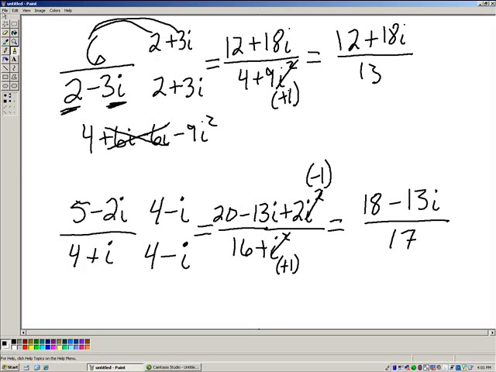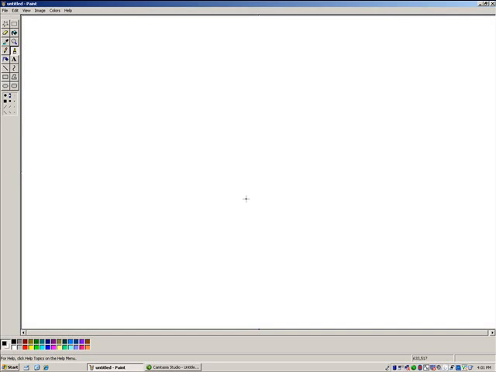One last thing. When we were doing the factoring of special products, difference of squares like x squared minus 4 factored to be x minus 2 and x plus 2. You may notice that those are conjugates, so when you multiply the conjugates back together, you got the difference of squares.